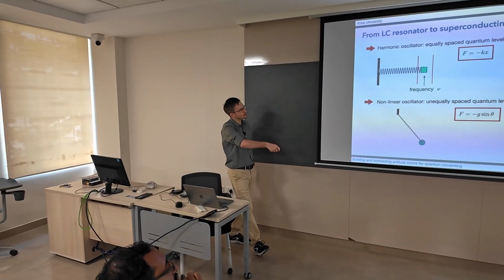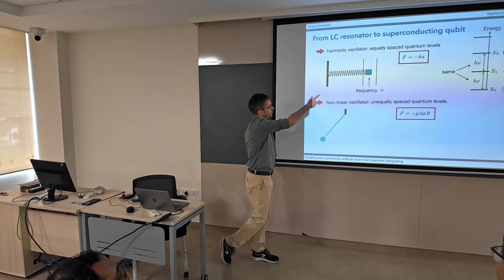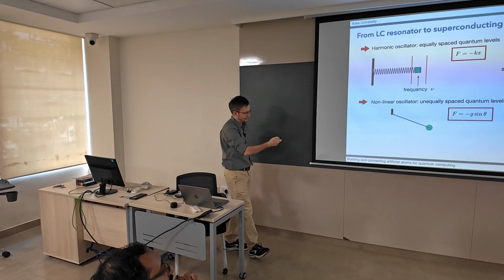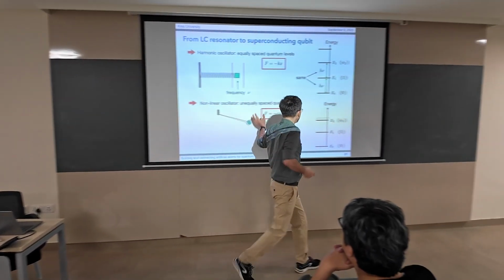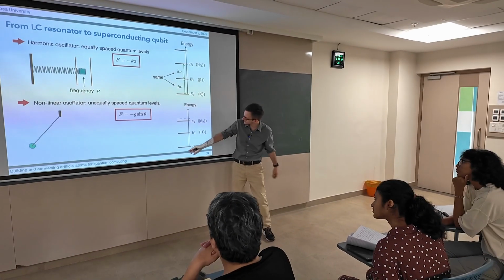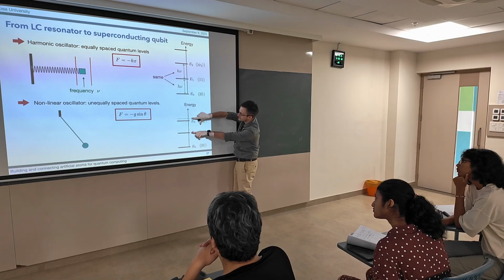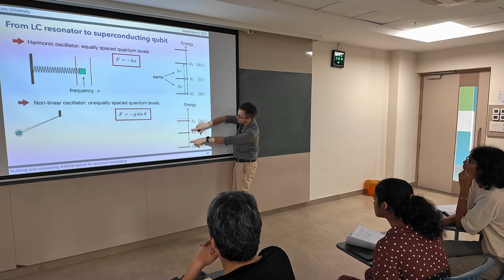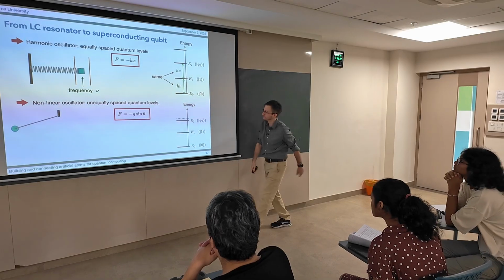So this system is a pendulum, and it has different dynamical behavior compared to the harmonic oscillator. When you look at the quantum levels, you'll see that its levels are not equally spaced. The difference to the second excited state is slightly lower.